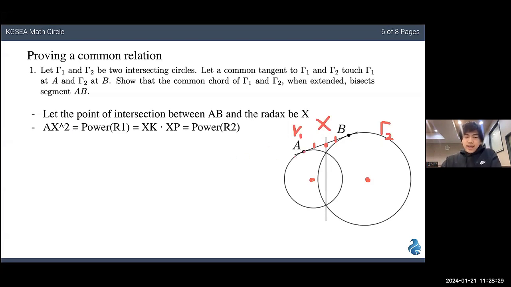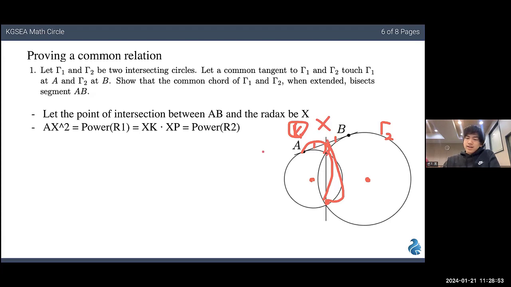So AX squared is going to be the same as the power of this circle, or this times this, where it intersects the first time and then where it intersects the second time. Or no, this times this, sorry.